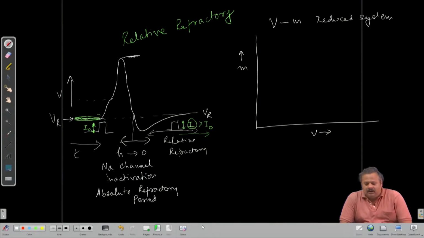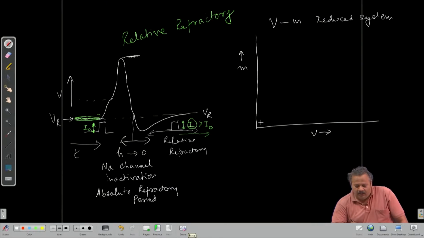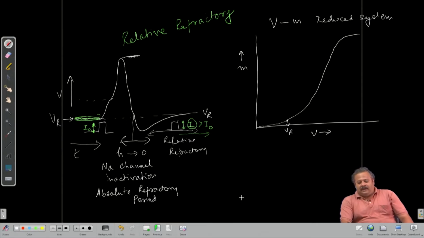We have our dm/dt equals 0, which is the m nullcline, which, as in our previous lecture we saw, is going to be the same, and this is our V rest here. And at V rest, when there is no external current, I external is 0, and m, n and h have their steady state values at V rest.